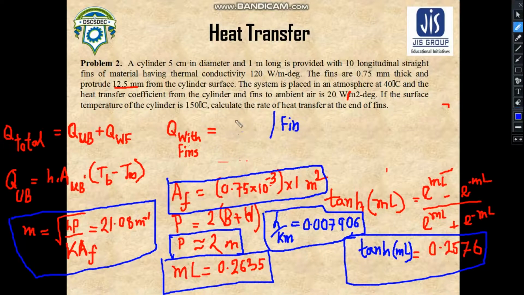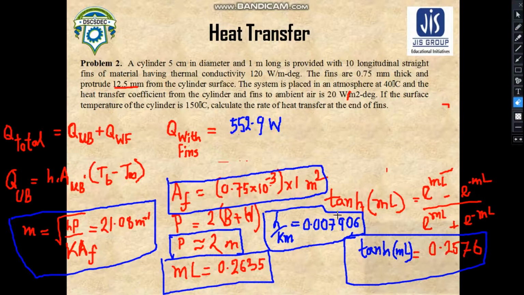Let us just write it, 552.9. I will just remove this per fin part, and we will be finding out that the heat transfer through the 10 fins which are placed over the cylinder is 552.9 watts.